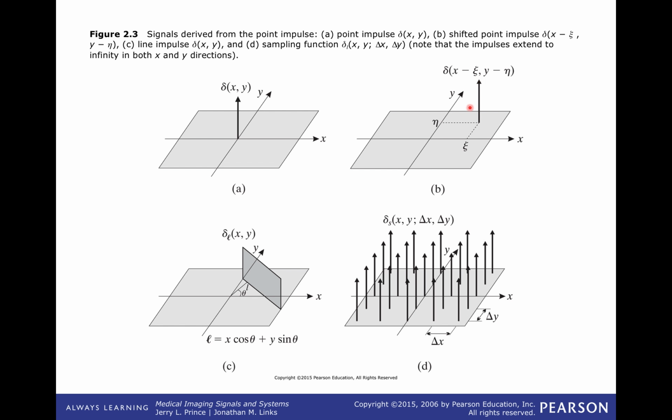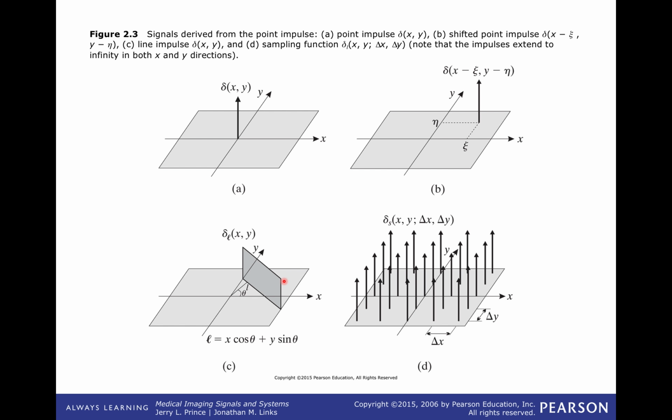Okay? There are related functions. There is a delta function that is a line of non-zero values, and this will become very important for CT. We have a line of values in the plane that are non-zero, and that is usually delta sub L, a set of points in the plane such that when you integrate across the whole plane, it pulls out the function along that line, right?